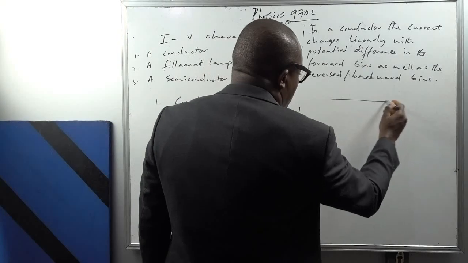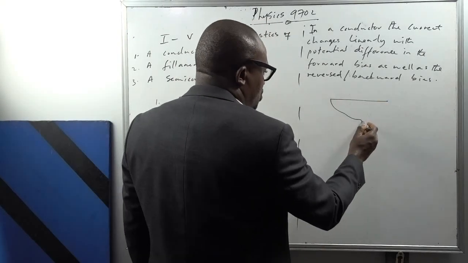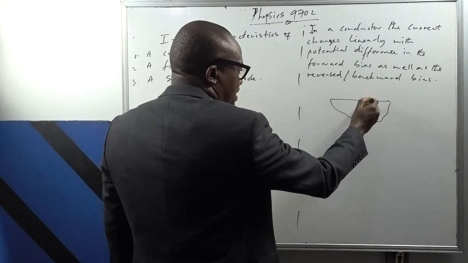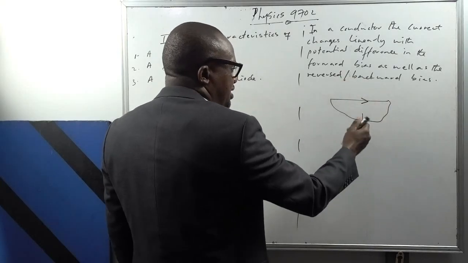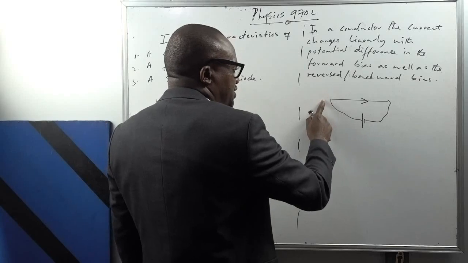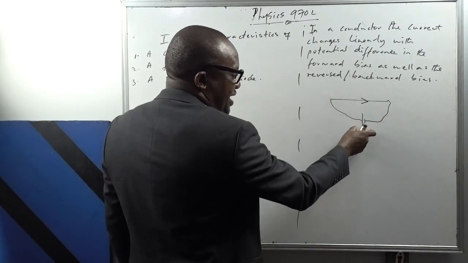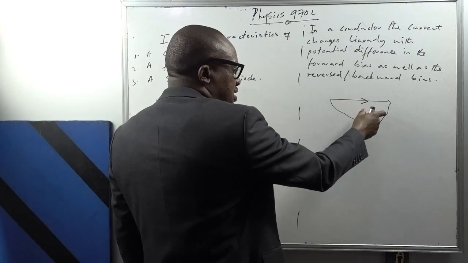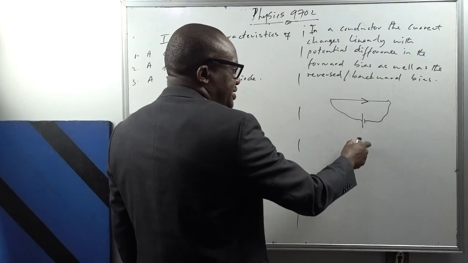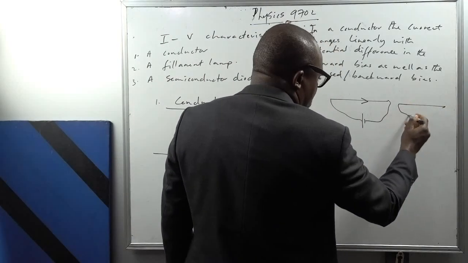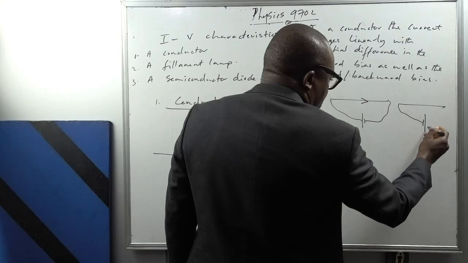So let us say you have a conductor here that is connected to a voltage source. This is the forward bias. So we expect that the current flows from positive to negative. So this end is positive and this end is negative. So current flows in this direction. If we reverse the polarity of the terminals of the conductor, let us say we then connected it like this, negative, positive.